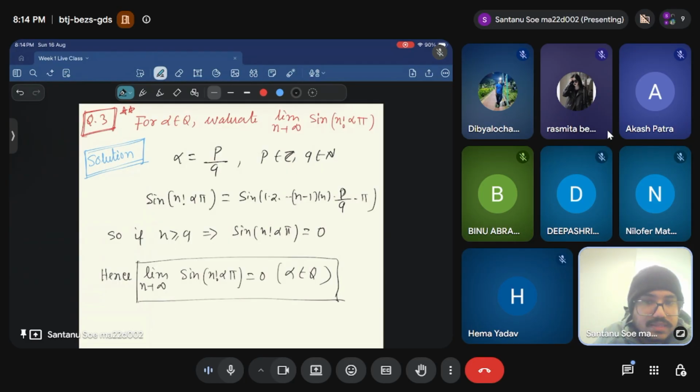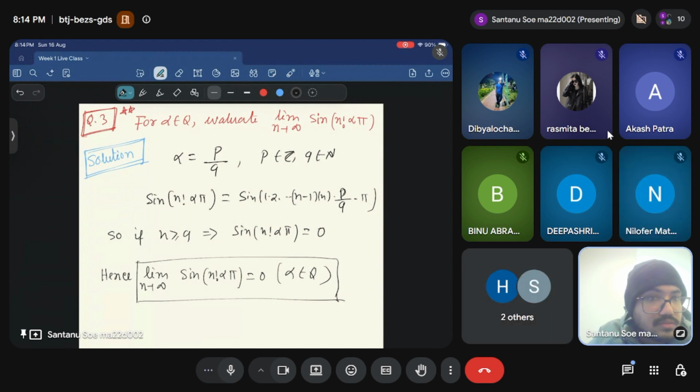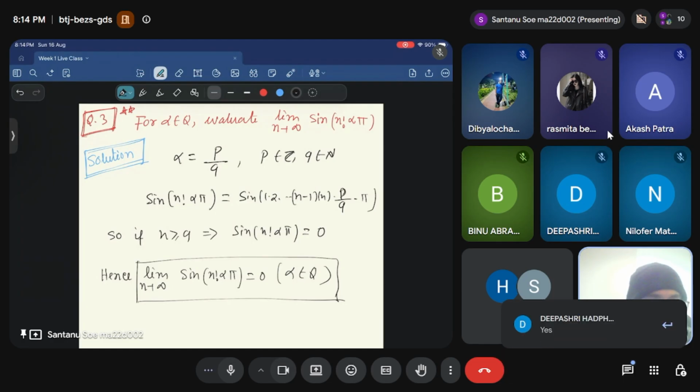In the last class I explained what an eventually constant sequence is. In this case, sine of n factorial alpha pi is an eventually constant sequence, because it becomes 0 after n is greater than or equal to q. After the natural number q, sine of n factorial alpha pi is 0. That's why its limit is 0, because after some certain terms, all the terms are becoming 0.